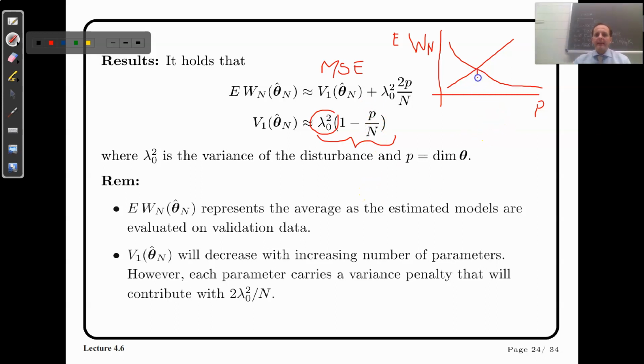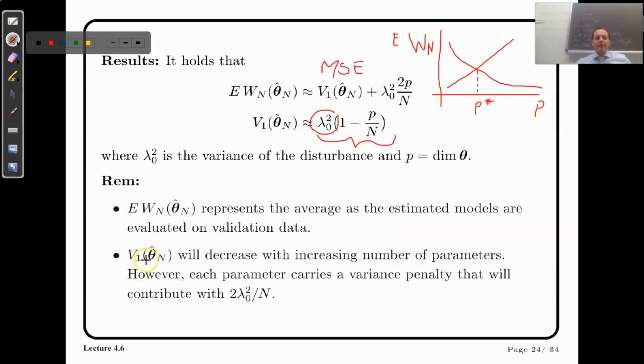And again, according to this function, you should find an optimal value of the parameter P, which is represented by the intersection of these two cost functions. It can be shown that the expected value of Wn represents the average of the estimated models evaluated on the validation data.